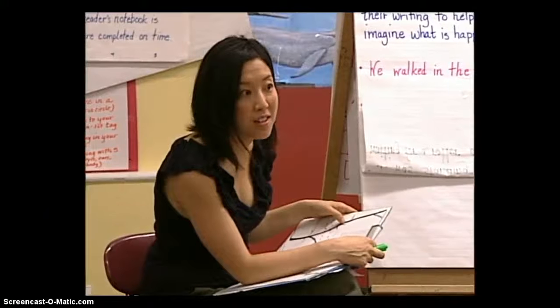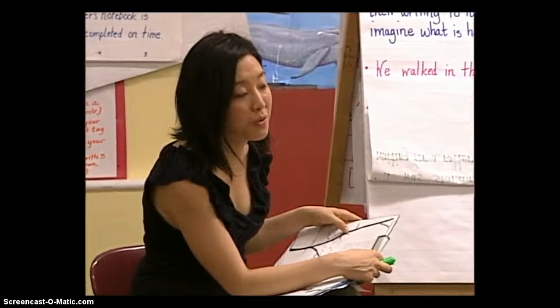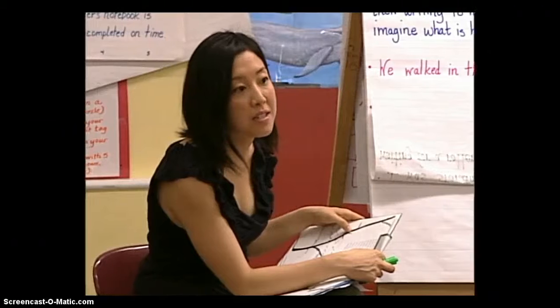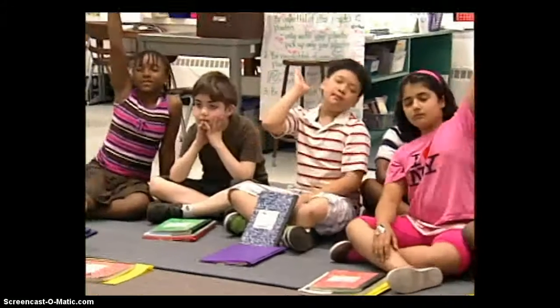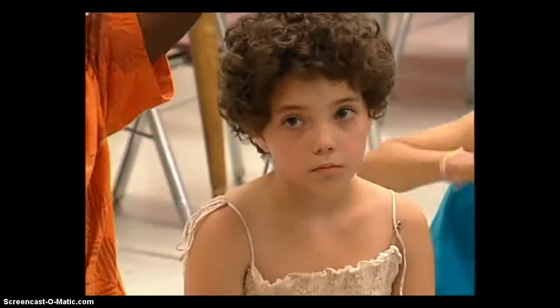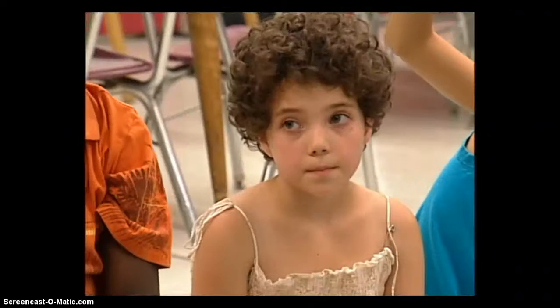Can you hear that? Over the crisp snow, and little gray footprints followed us. How many of you guys could picture that? Why was that easier to picture? Did it have clear details? Vivid details that would help the reader imagine it?